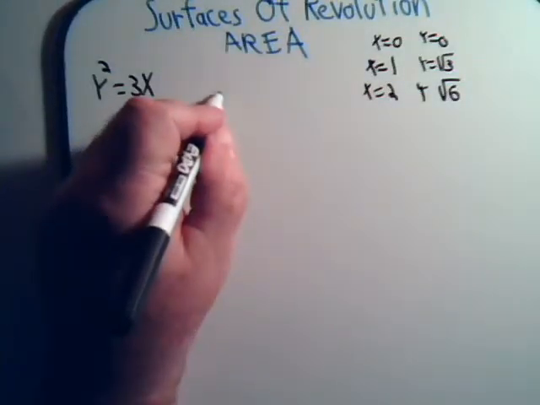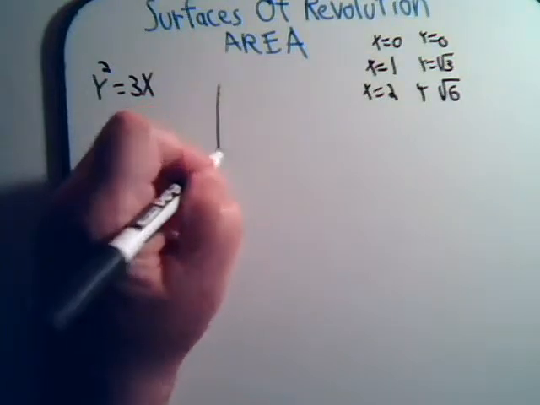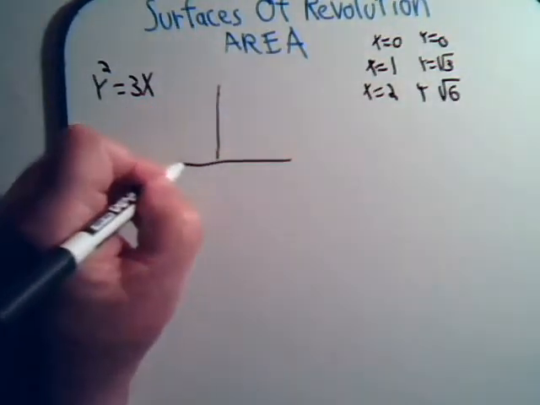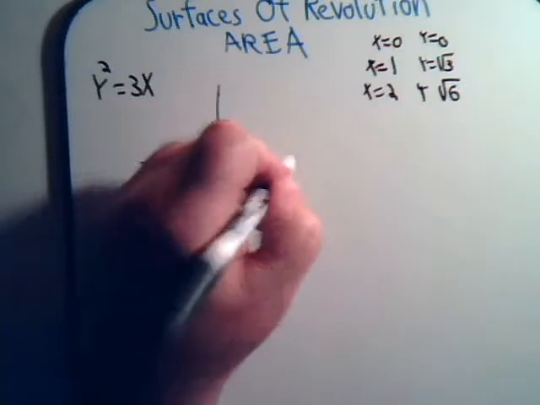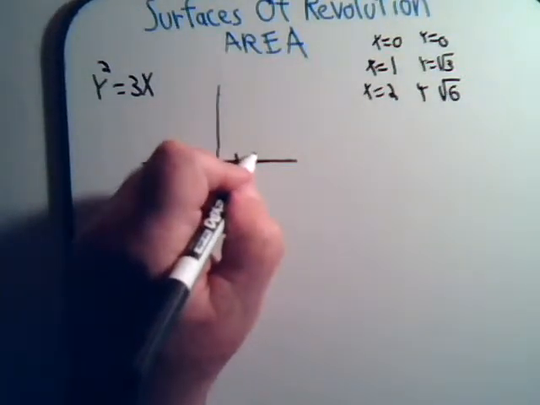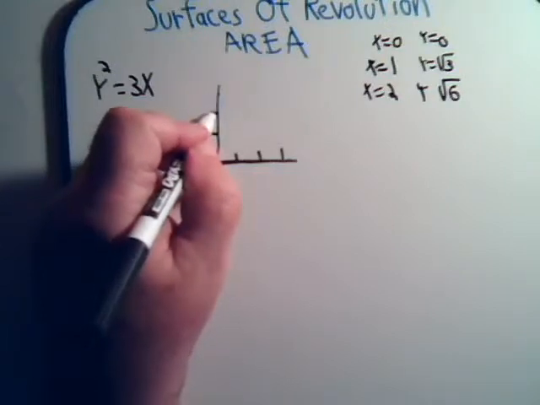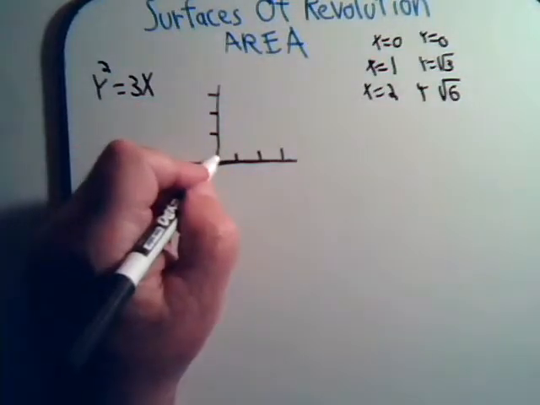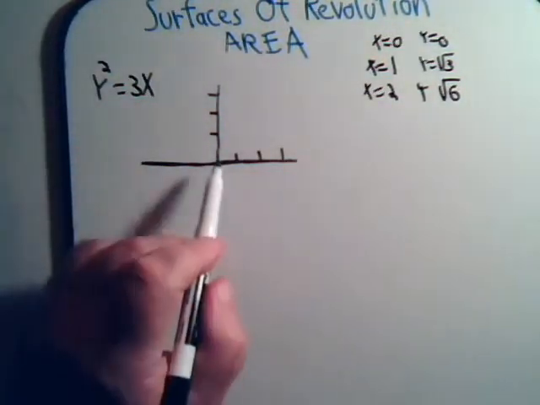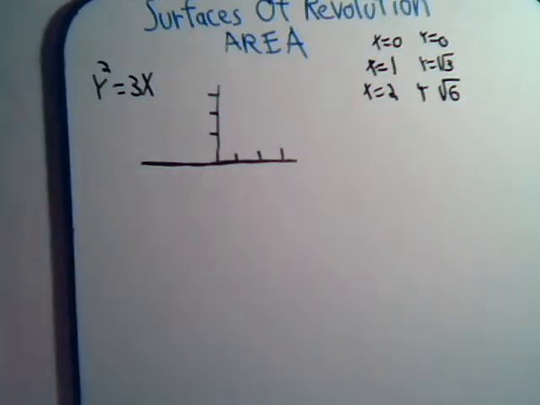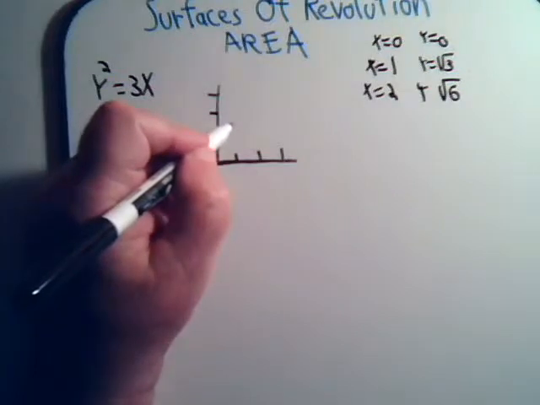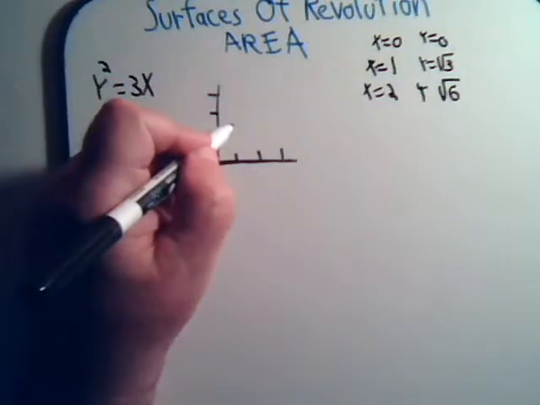So the curve is going to look something like this. We have 1, 2, 3 on each axis. We have 0, 0, of course, and at x equals 1, y is the square root of 3, so it's a little bit more than 1.5.